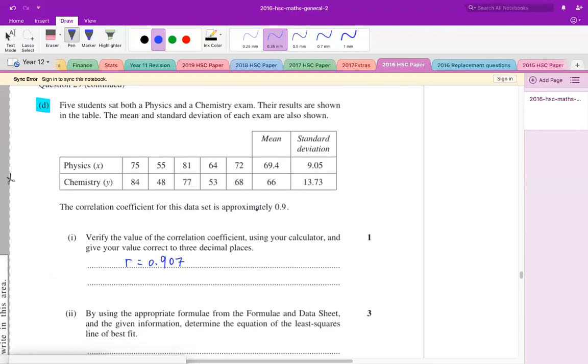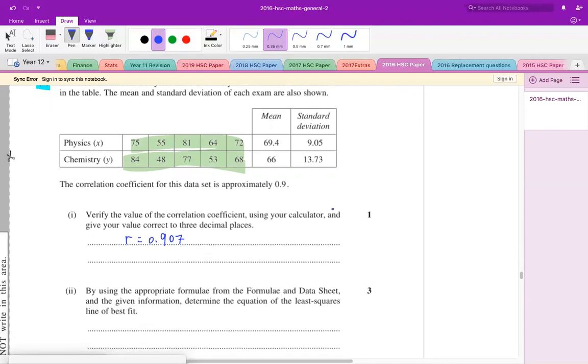This one, I think you're able to find the R just by putting this part into the calculator, right? Miss, I kept getting the wrong answer for that. I kept getting R as 1 point something. Did you put in these values as well? No. Weird. You have to put in both of the values. Yeah, that's what I did.